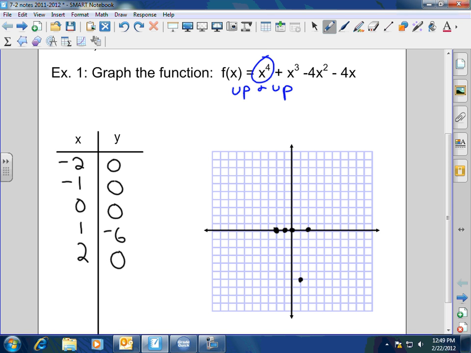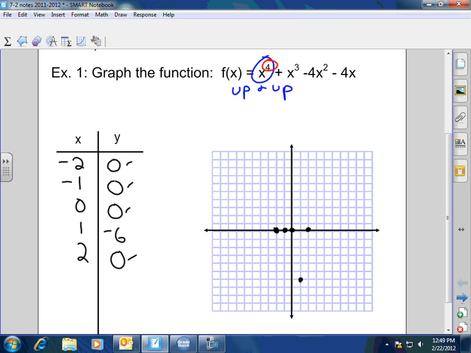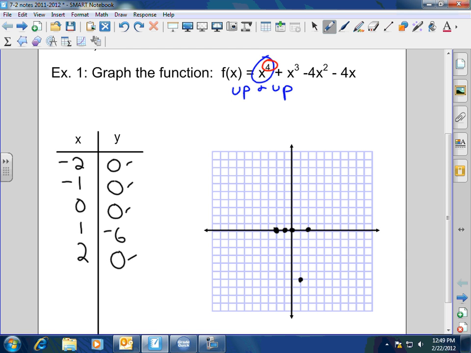Not only do we know that because we found the 4 zeros, but doesn't the degree tell me the maximum number of solutions that a polynomial function can have? If I have a power of 4, it doesn't mean I'm guaranteed to have 4 solutions, but it means I can have up to 4 solutions. Everyone with me so far? So it makes sense that I have 4 solutions. It's valid.